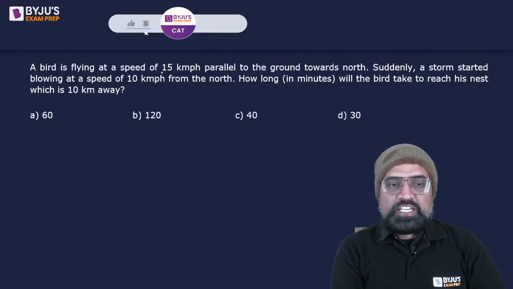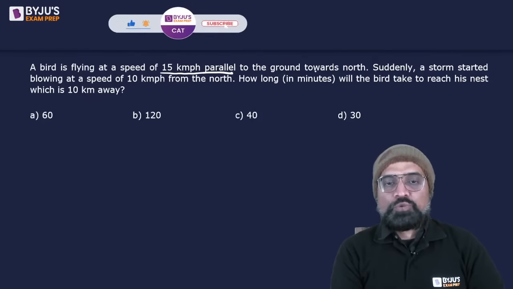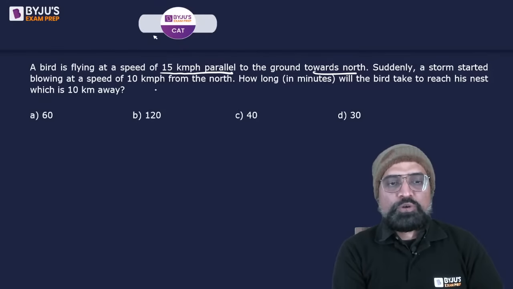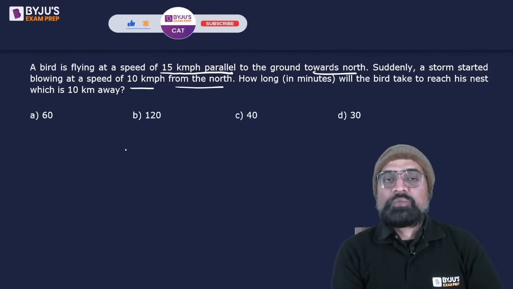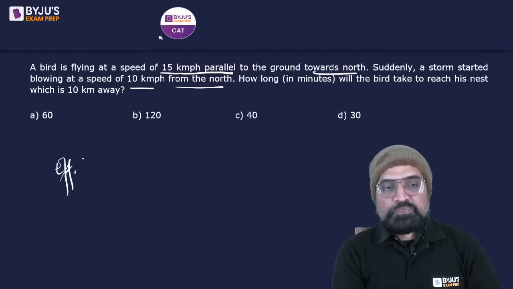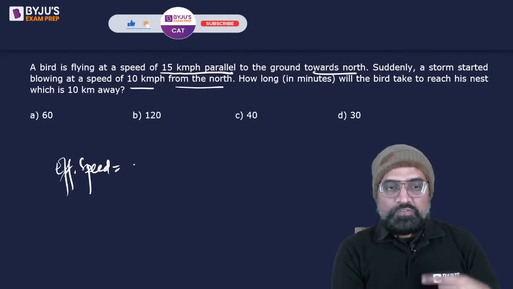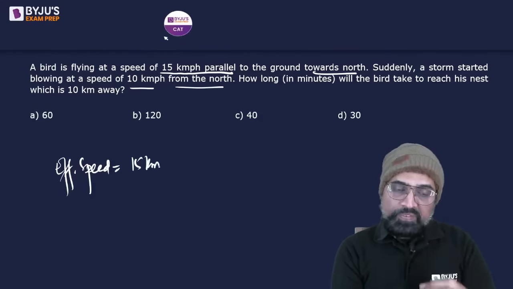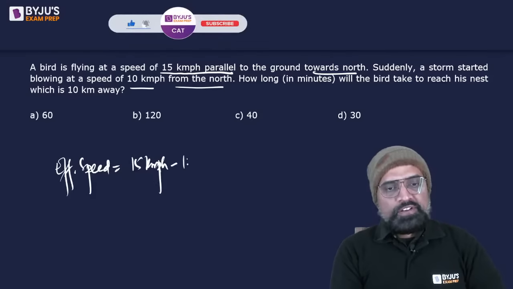So since the bird is flying at 15 km per hour towards north and the storm is blowing from the north at 10 km per hour, the effective speed of the bird will be simply 5 km per hour, right?